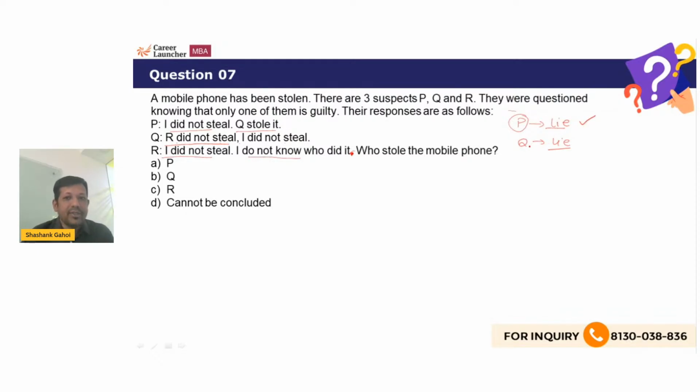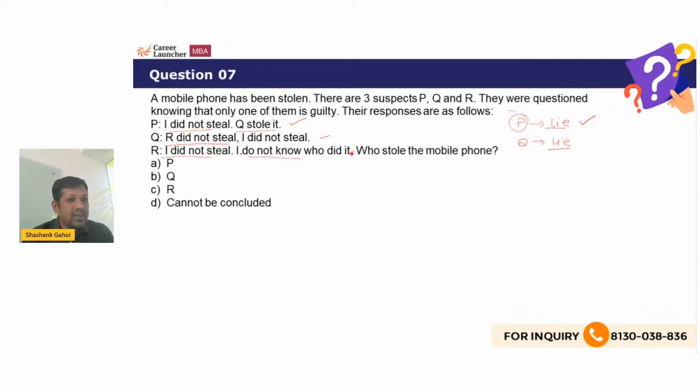Now let's start with Q. I am assuming that Q is guilty and Q is lying. Apart from Q, other people are speaking the truth. P says I did not steal it. That is true. Q stole it. That is also true. It means P is speaking the truth if Q stole it. R did not steal it. Q says I did not steal it, so basically that is a liar.